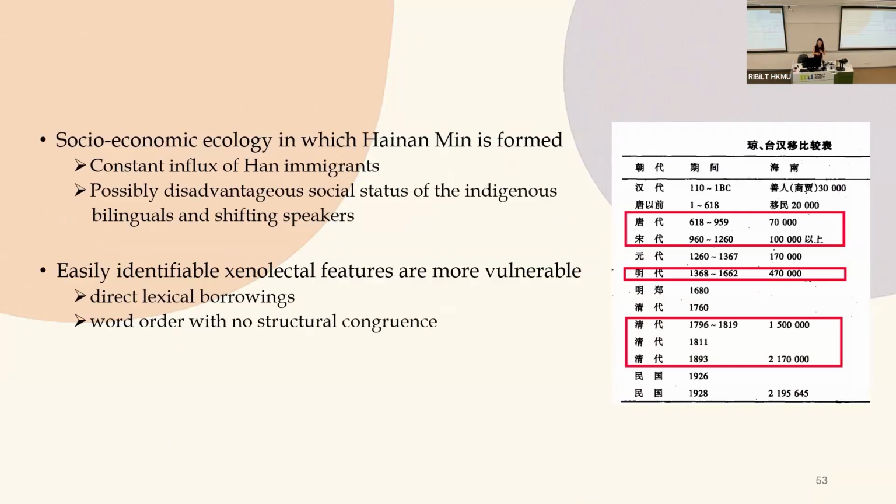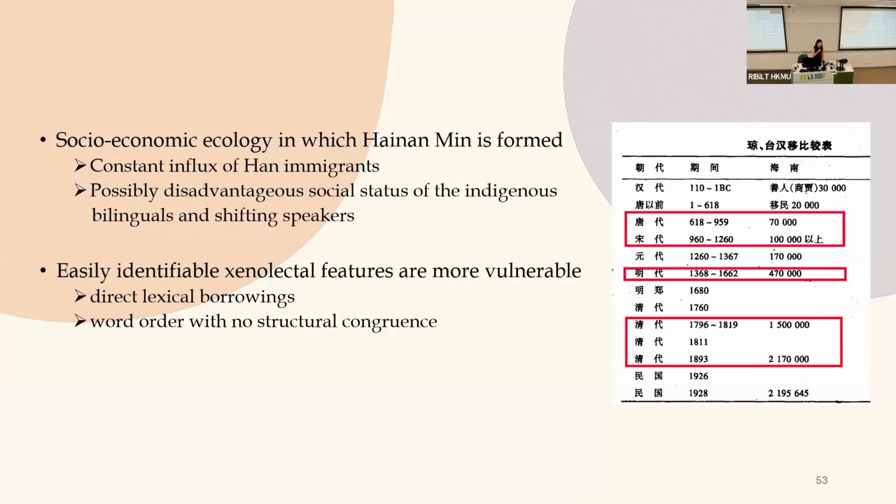So in the case of Hainan Min, as per our discussion earlier, the speech community faces a continuous influx of Min-speaking immigrants, so that the relative size of the group of indigenous bilinguals and shifting speakers to that of the Chinese Min speakers is gradually diminishing over time. Besides, indigenous bilinguals and shifting speakers, when trying to integrate into a Chinese community, would likely be of less advantageous social status.